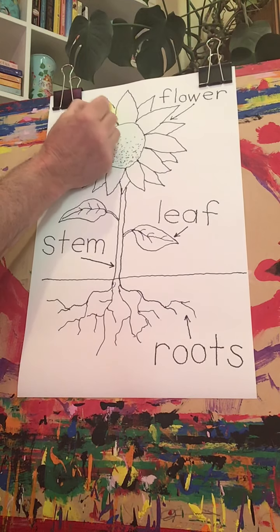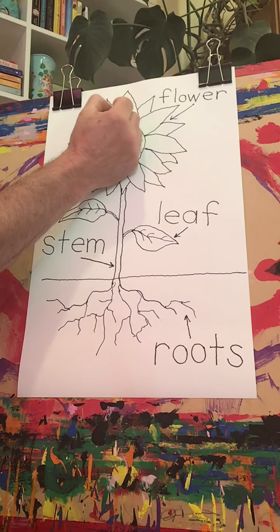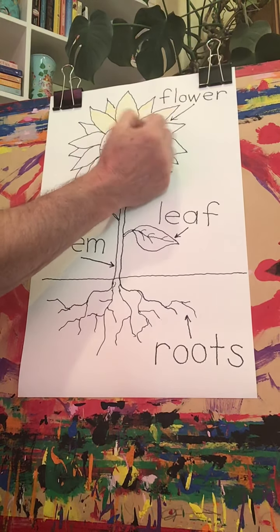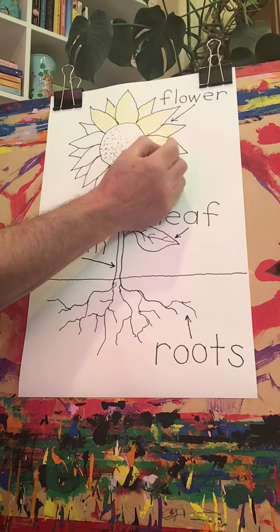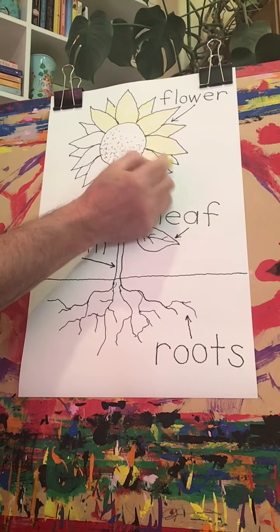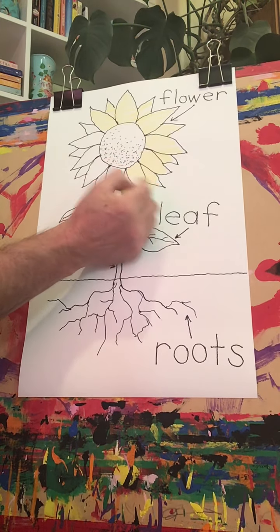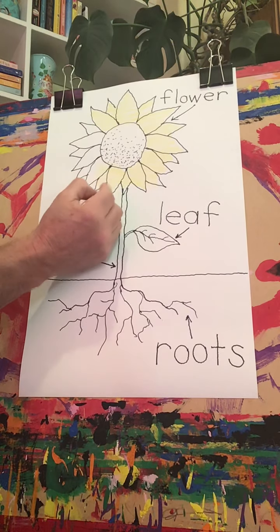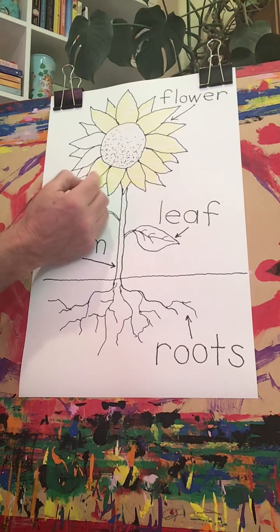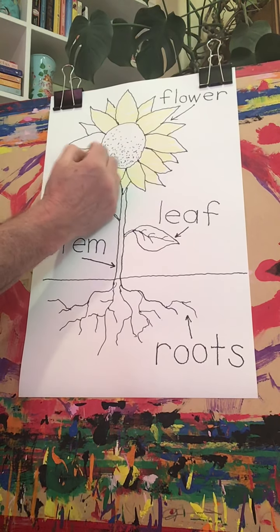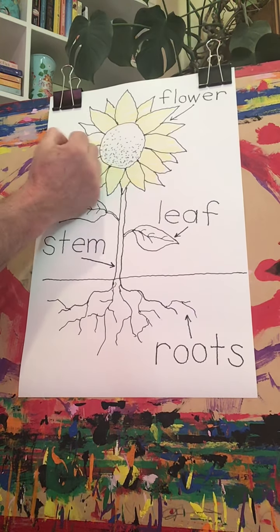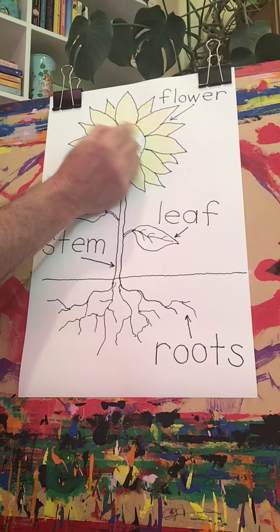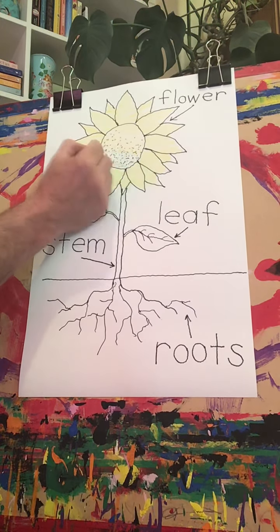I'm just going to do a nice light yellow on top of all my petals, just like that. Awesome. I'm going to go kind of quick. I'm going to just put a nice coating. And I'm even going to put a little coating of yellow inside my flower, in the middle of my flower, where the sunflower seeds are. So I'm going to put a light coating in there too.